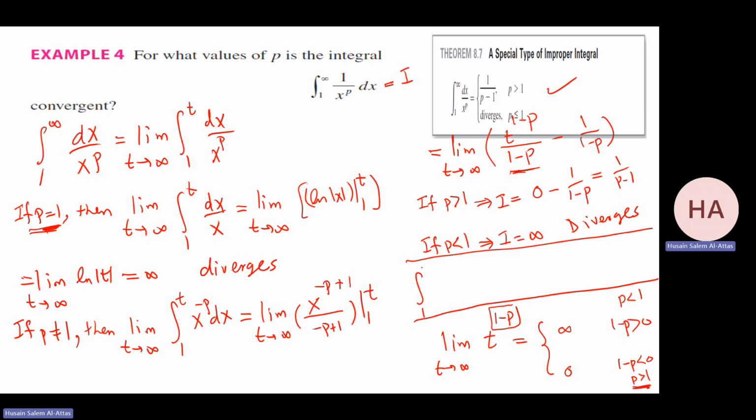As above, the integral from 1 to infinity of dx over x to the power p, because I will use this later. That will be what? I have two cases. If p is greater than 1, the answer is 1 over p minus 1. If p is less than or equal to 1, it diverges.